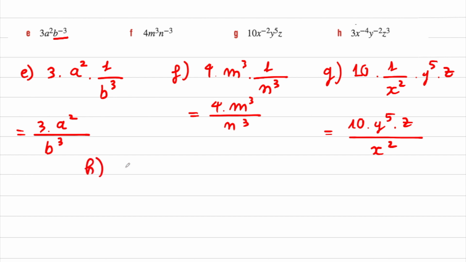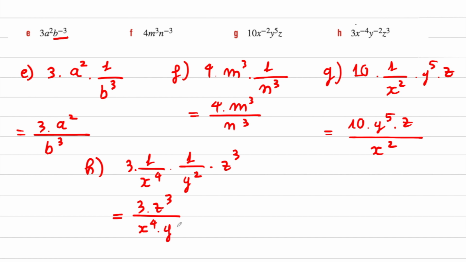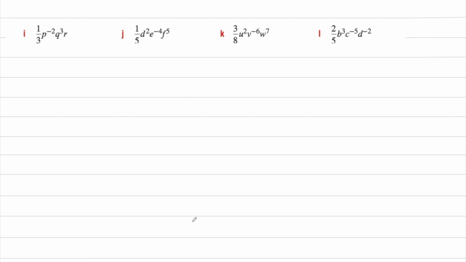Question H, 3, 1 over x to the power of 4, 1 over y squared and z to the power of 3. So 3 times z cubed and x to the power of 4 and y squared here. Question H, we finish.